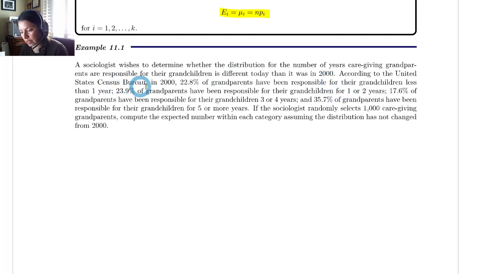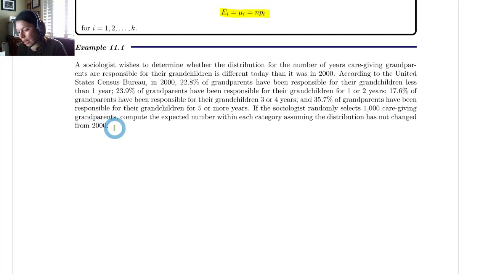According to the U.S. Census, in 2000, 22.8% of grandparents have been responsible for their grandchildren less than 1 year. 23.9% of grandparents have been responsible for their grandchildren for 1 or 2 years, and 17.6% of grandparents have been responsible for their grandchildren 3 or 4 years, and 35.7% of grandparents have been responsible for their grandchildren 5 or more years. If the sociologist randomly selects 1,000 caregiving grandparents, compute the expected number within each category, assuming the distribution has not changed from 2000.